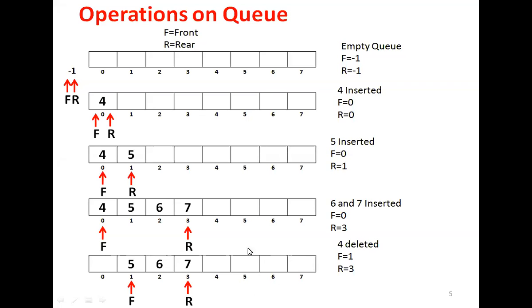What is size? Size is the total number of elements in the queue. Here size is 8, so 8 minus 1 is 7. So if rear equals 7, then you can say that this queue is full and you cannot insert more data items. Okay.